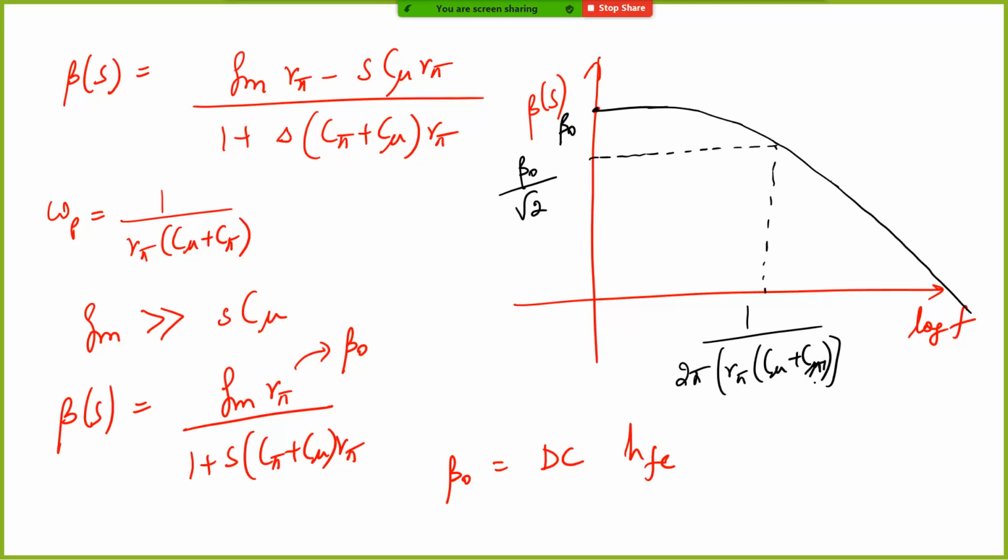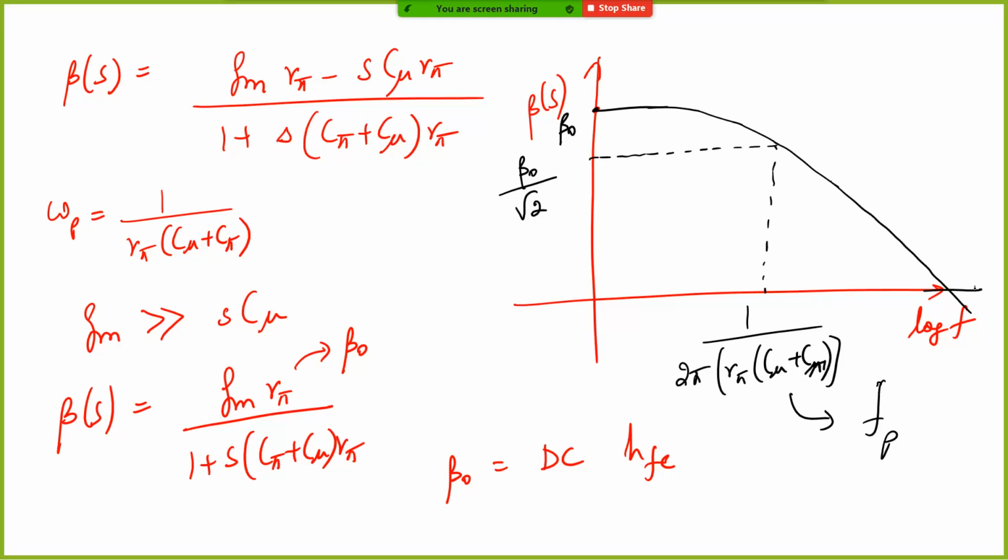Is it making sense? I just took an RC example to give you an illustration of how it works. Now we are using this for our transistor. Up to this frequency, which we can call FP, the beta is fairly high. The beta only drops by a factor of root 2.